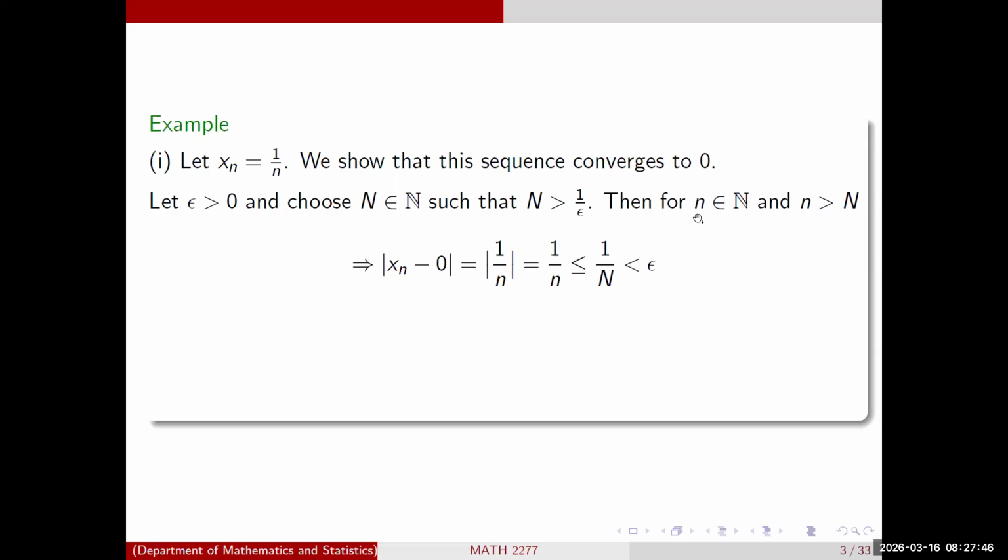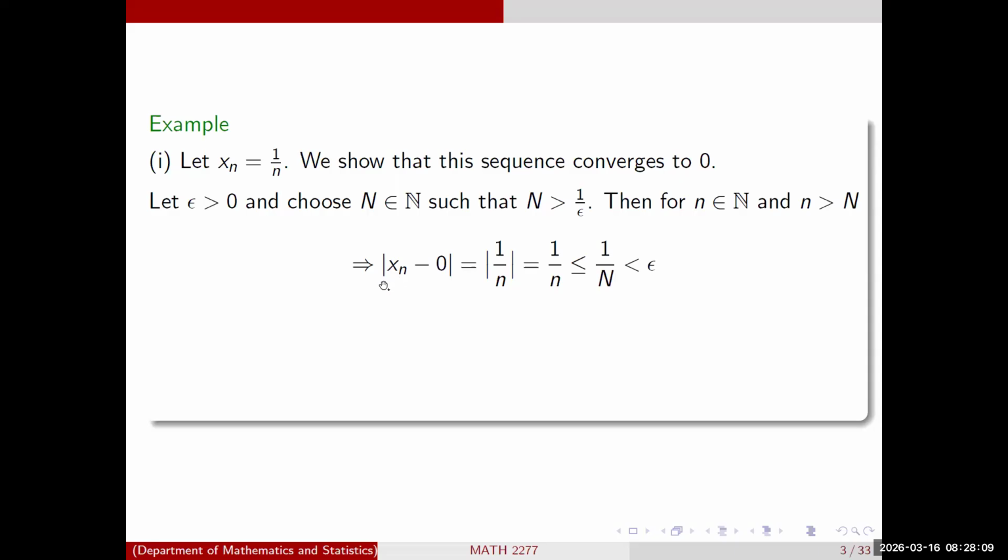Then for any other natural number, little n, what's the condition? They must be bigger than this fixed N. So in this proof, what is fixed? Epsilon is fixed and big N is fixed, right? Two things are fixed. What is my target?